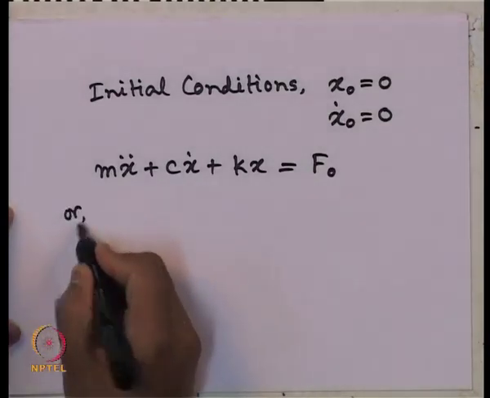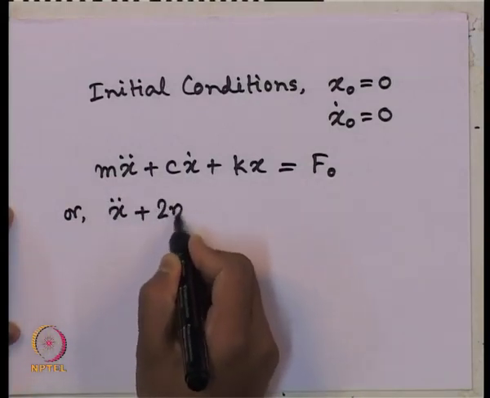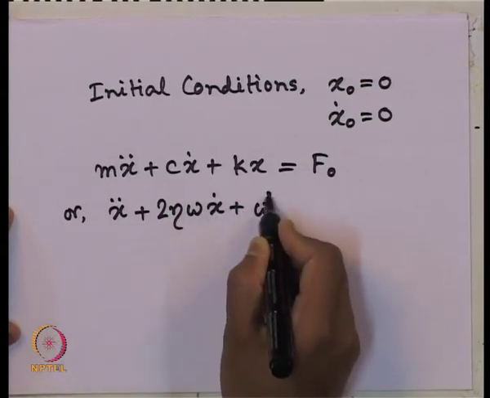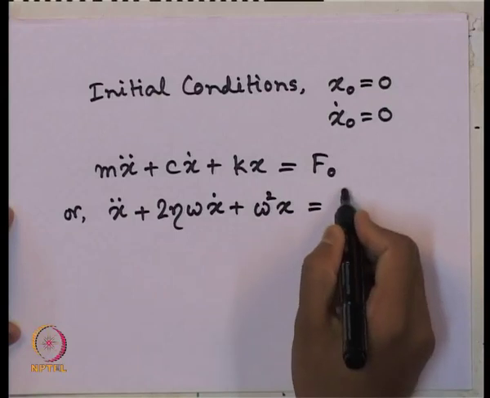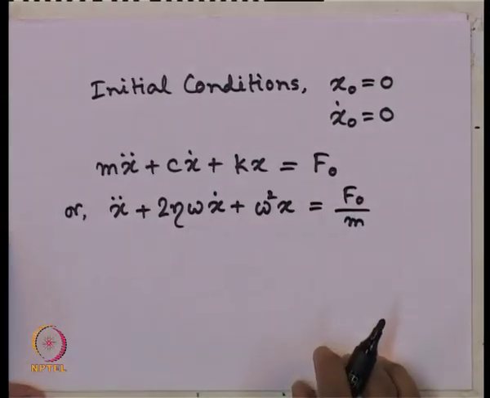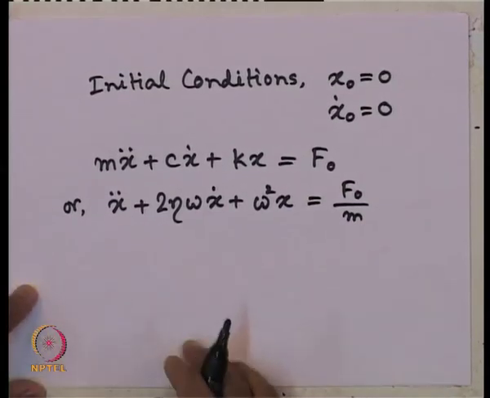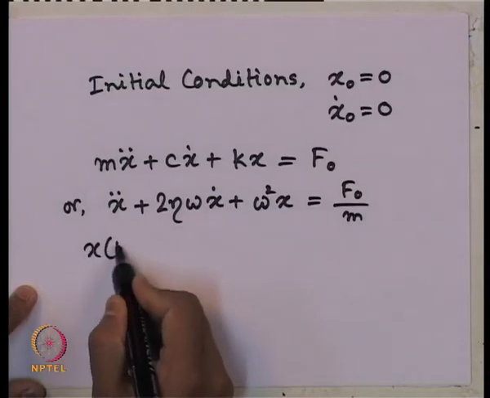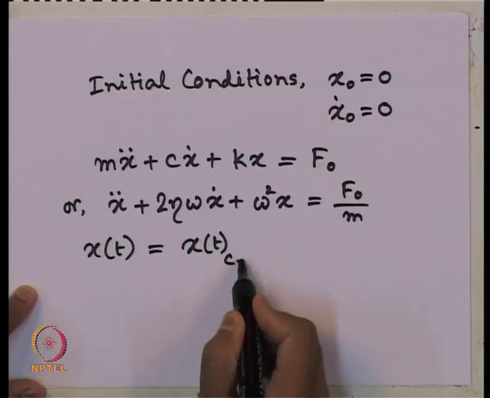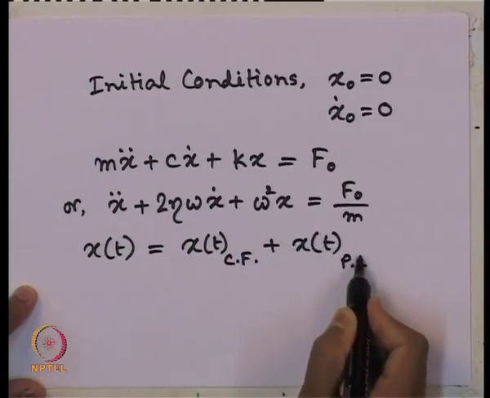which we can simplify now as x double dot plus 2 eta omega x dot plus omega square x equals F naught by m. We have divided both the sides by m. Now, we have to solve this equation. So, the solution is the same as what we have done earlier: x(t) complementary function plus x(t) particular integral.